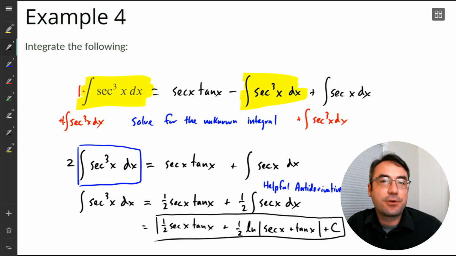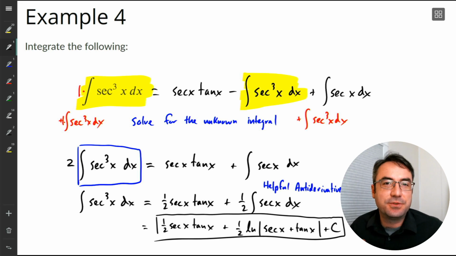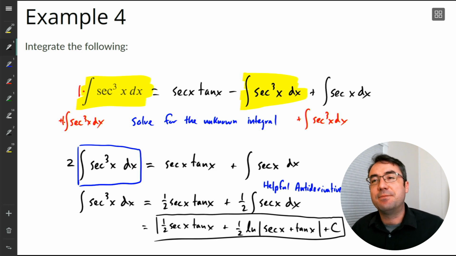So, we try integration by parts. Maybe that'll do something for us. Maybe we try using our trig identity, secant squared is equal to 1 plus tangent squared. Maybe we try just converting everything into powers of sine and cosine. Maybe that does something for us.